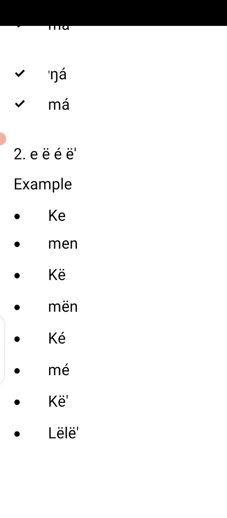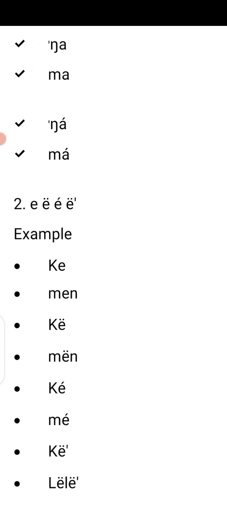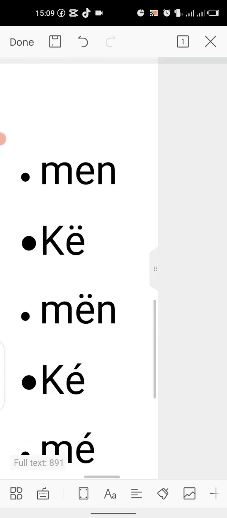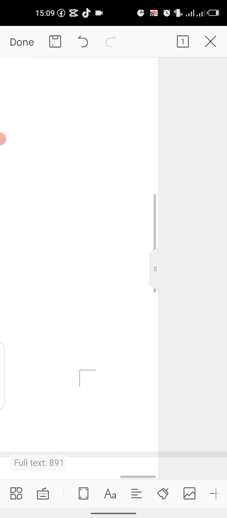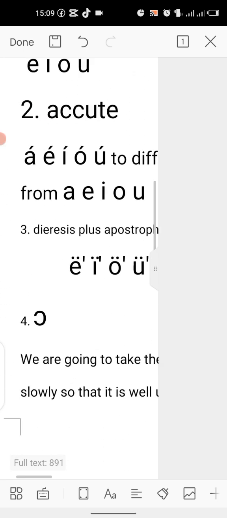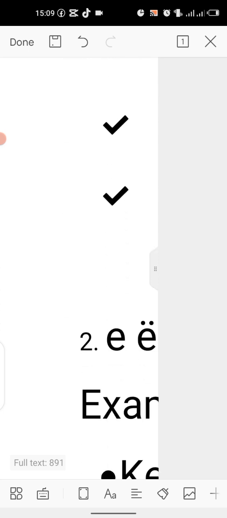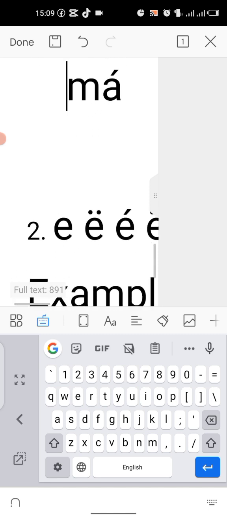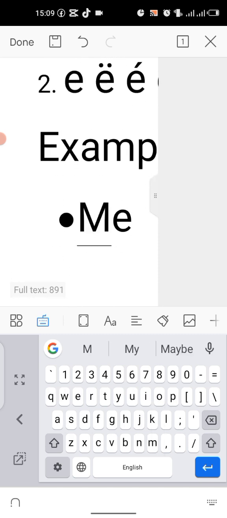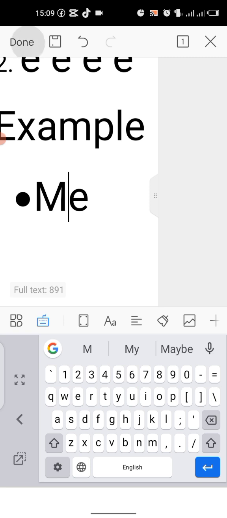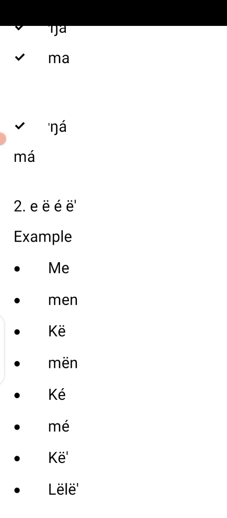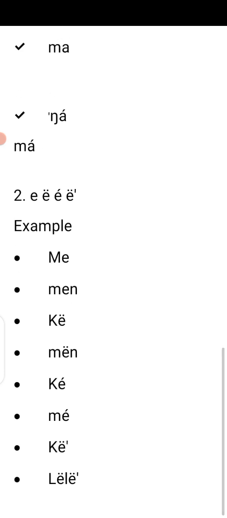Example: ke, but if there is no Nyepo word, if it sounds like that, we'll change ke to me, so that we'll have me and men, as in menda.